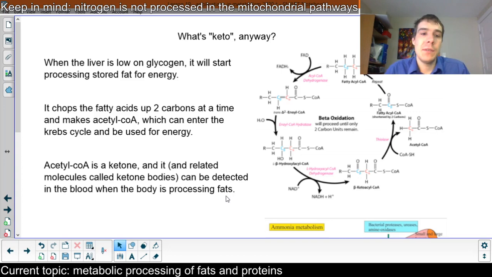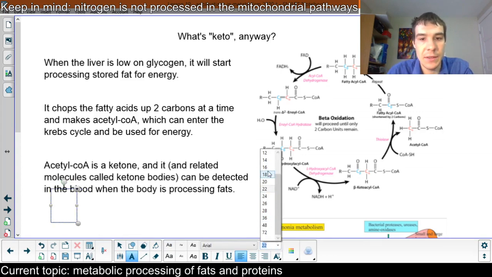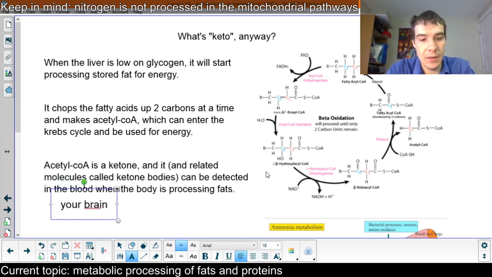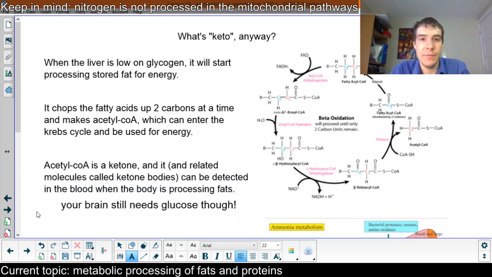One important note here is that I'm going to actually write this here. Is that your brain still needs glucose. Right? Your brain is so energetically intensive that it needs to use a glucose supply in order to make energy.